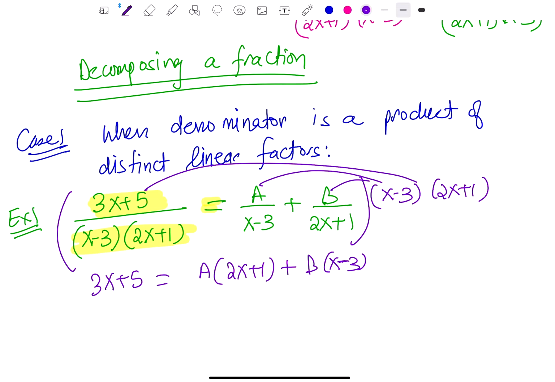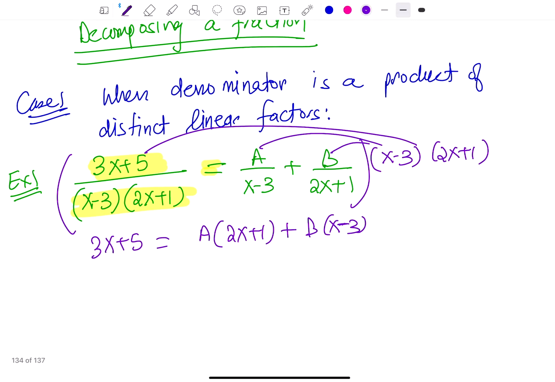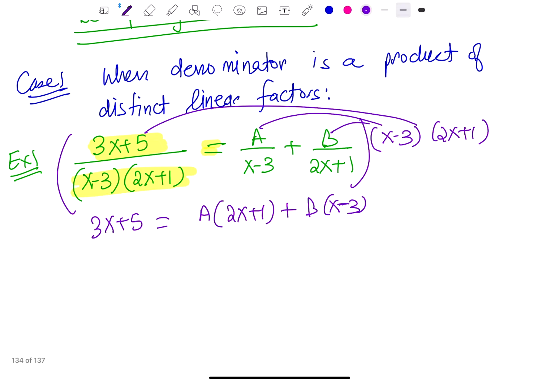Now we can do clever substitution, or we can also distribute, combine the like terms and equate the coefficients. In this case, clever substitution seems easier and faster, so I'm going to do that. First, I'm going to let x be equal to 3 because I know that's going to make this factor 0. I will be able to find A from there.